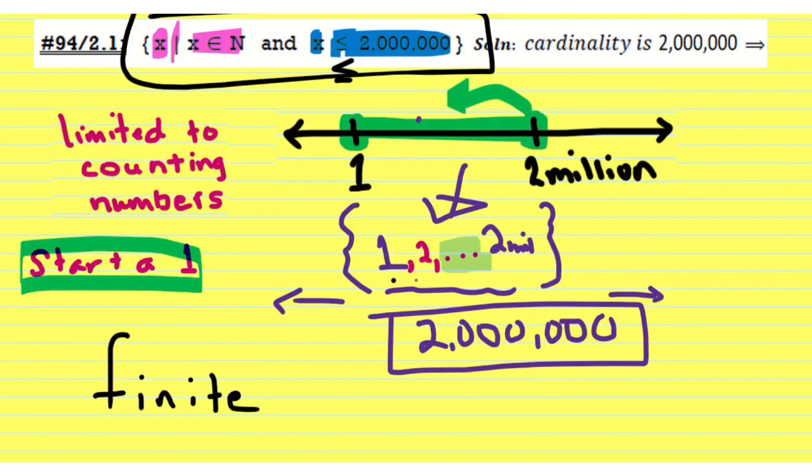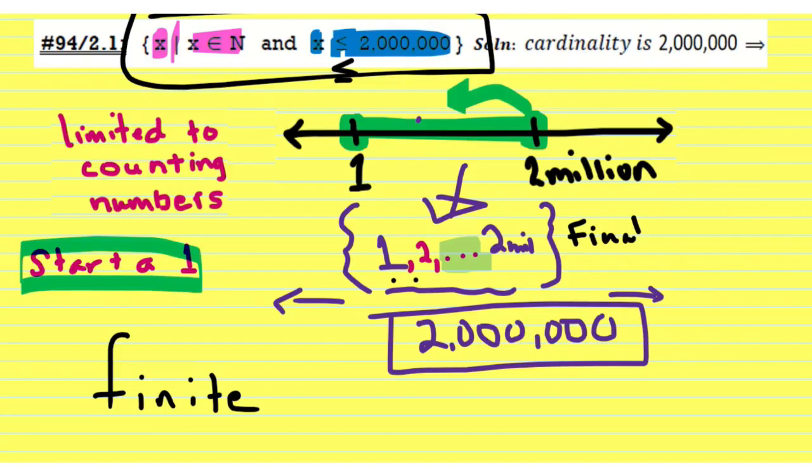But it does indicate that it's continuing the pattern. So like 1, 2, the dot, dot, dot means we would continue with the same pattern, 3, 4, 5, 6, 7, et cetera, all the way until we reach the 2 million. And then 2 million would be the final number. So the ellipsis in the center does not indicate that it's going on forever. It just means that we are skipping writing all the numbers that would be in the middle.